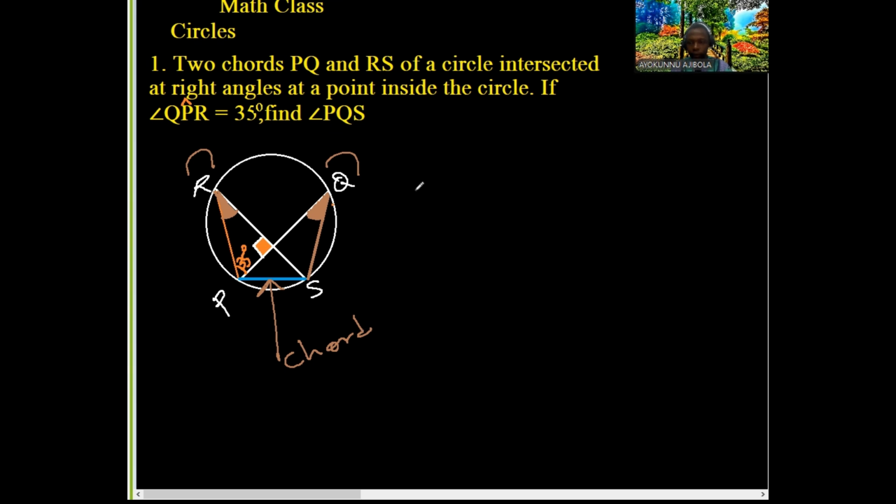Can you hear me? Yes, sir. The line PS carries the first triangle, which is the first angle at Q, and the same line PS carries the angle at R. So if I use the 180 in a triangle to find the one at R, then the value of R equals the one at Q.